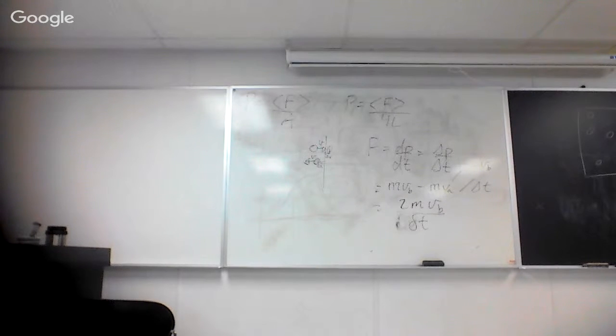We calculate the force at each time step, then add up all the forces and divide by the total number of strikes. That gives us our average. Then all we have to do is normalize that by 4 times L, and we get a pressure. Cool, fair enough. We're all on board.